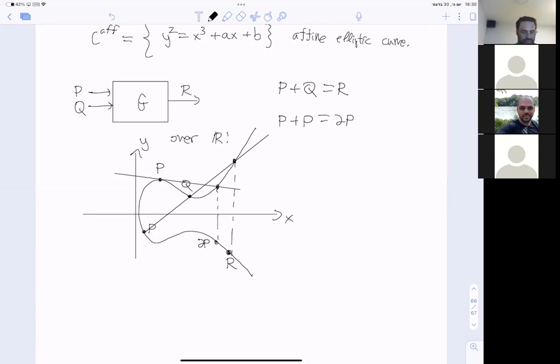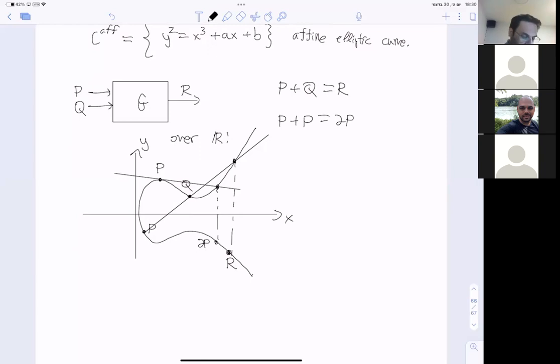And why do we do reflection? What is the neutral element here? The neutral element here will be the point at infinity, which we have just removed, because the projective space contains another point, which is infinity, which is the pole.